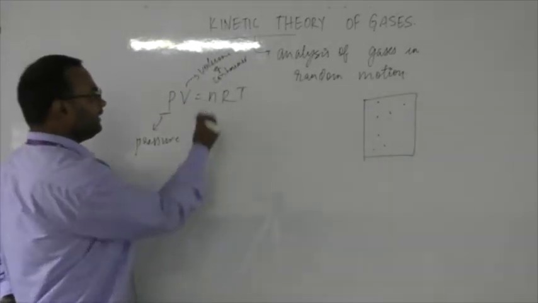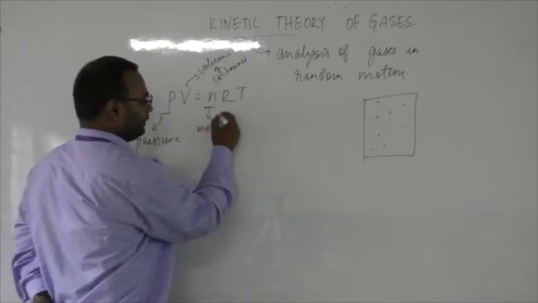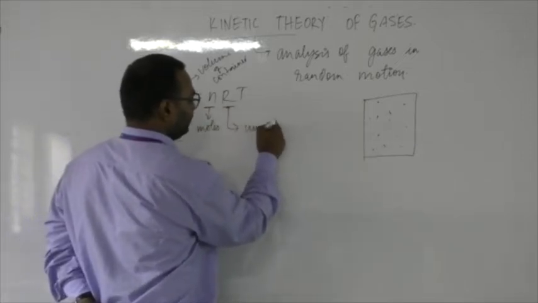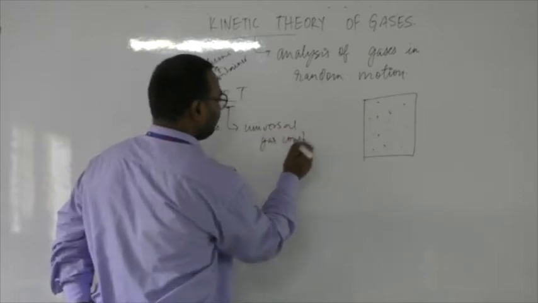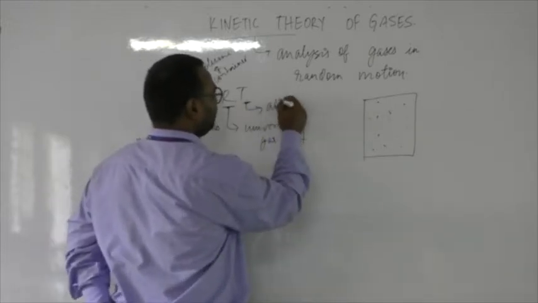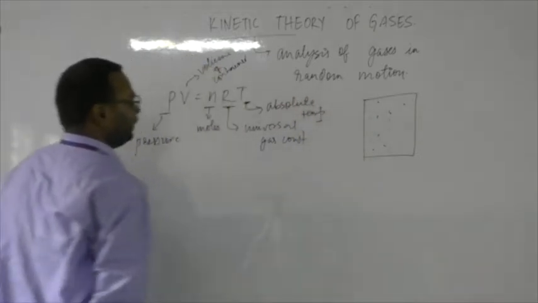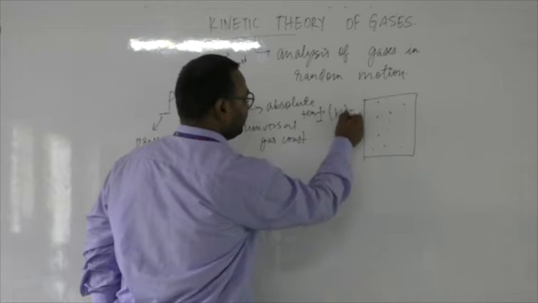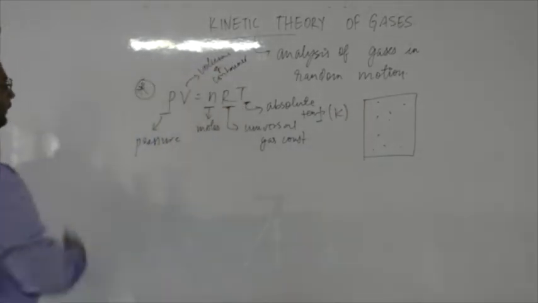So volume of gas is same as volume of container. N is moles. This is universal gas constant, and this is absolute temperature measured in Kelvin scale, so K. So this is the gas law which every gas follows.